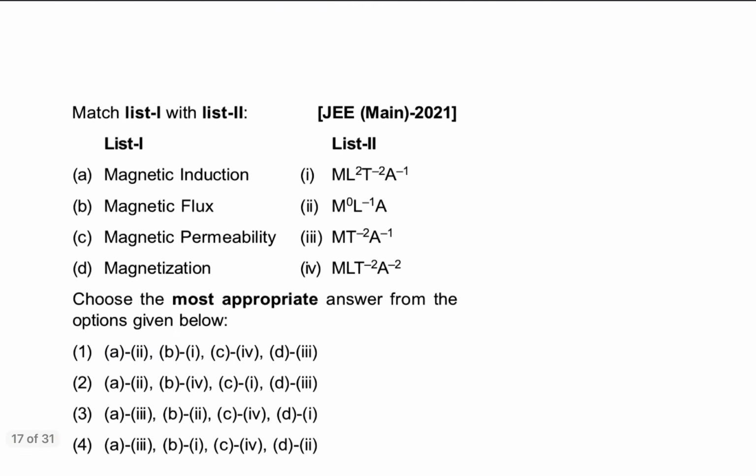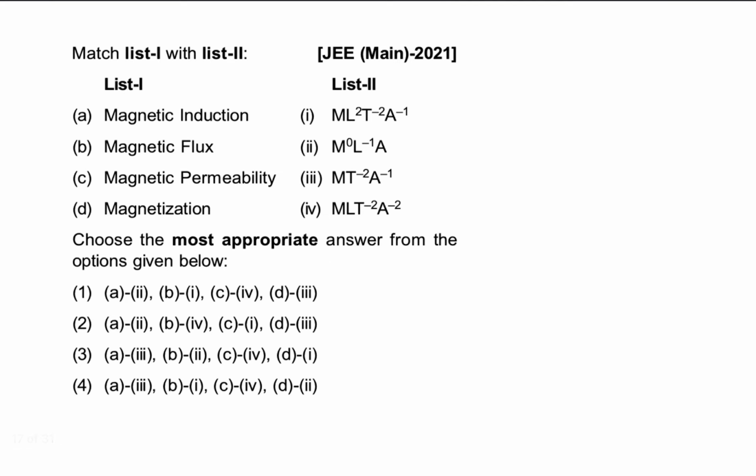Now I am going to do the next one. Again, match list 1 with list 2. Magnetic induction. What is magnetic induction? Magnetic induction means B only. If you take B, what formulas do we have?